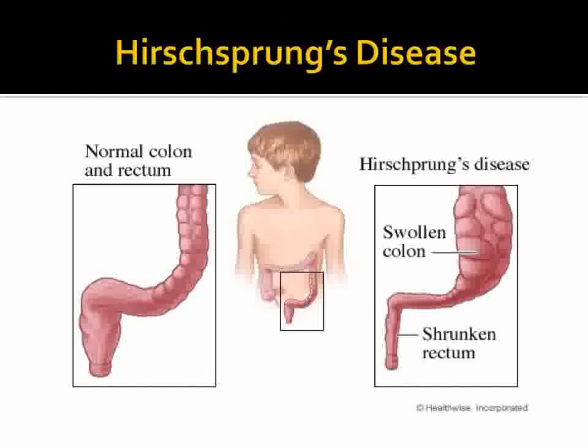So Hirschsprung disease means dilatation and hypertrophy of the colon as a result of distal obstruction that results from failure of the ganglion cells to innervate the distal rectum and colon. As in this picture, if you look at the left side, you will find that the colon has the same caliber all through.